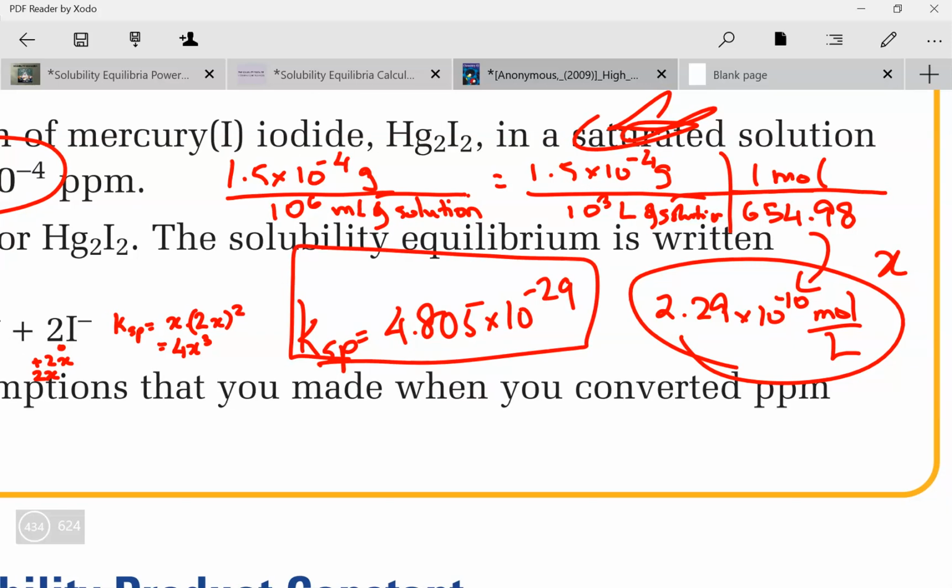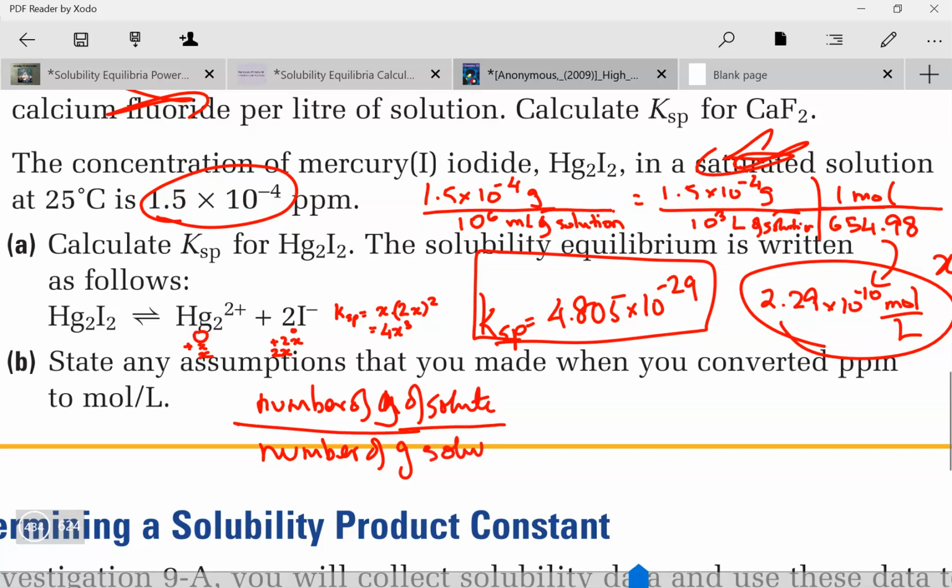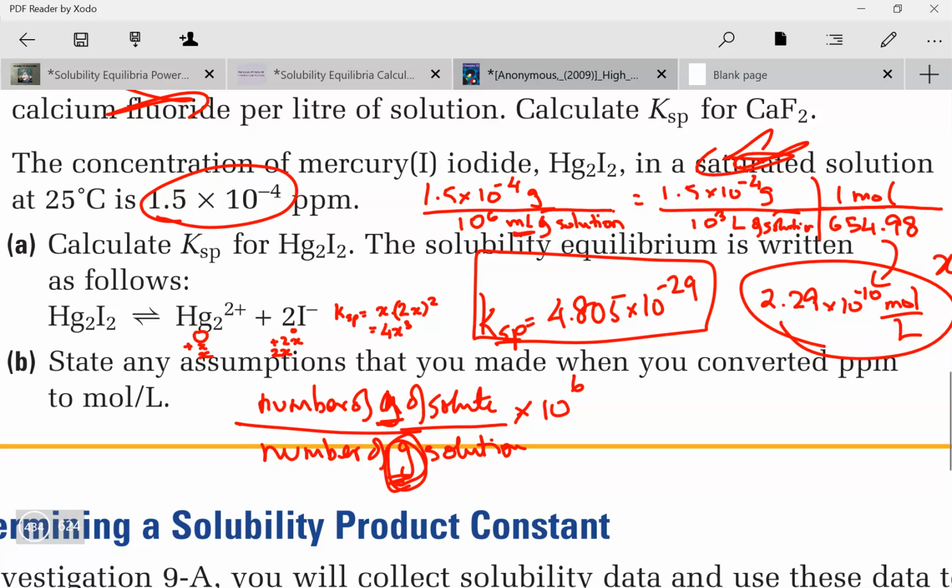And again, technically parts per million is number of grams of solute divided by number of grams of solution, times 10 to the power of 6, right? So it's really grams divided by grams. We made an assumption when we converted grams to milliliters because the density of water is 1 gram per milliliter.